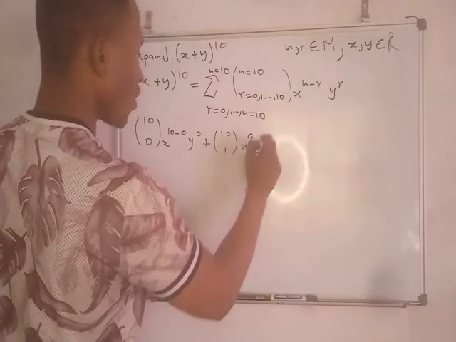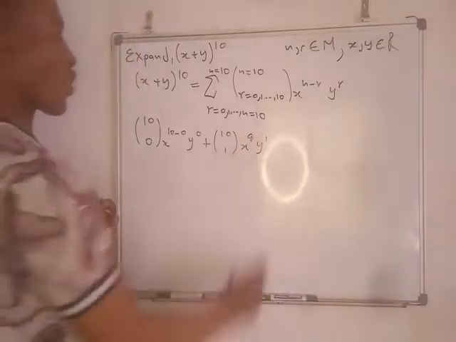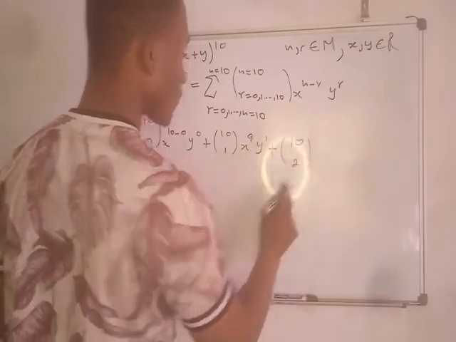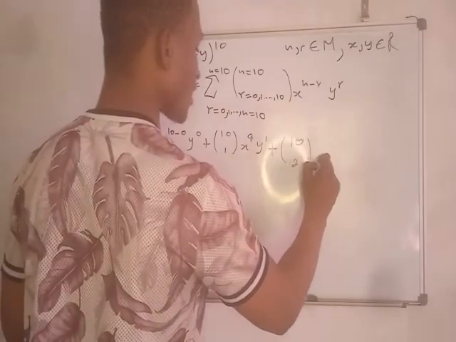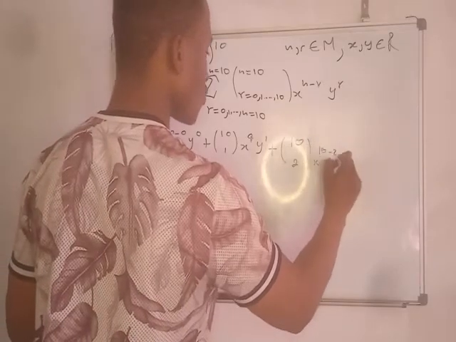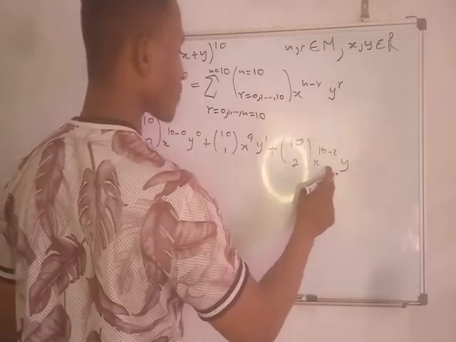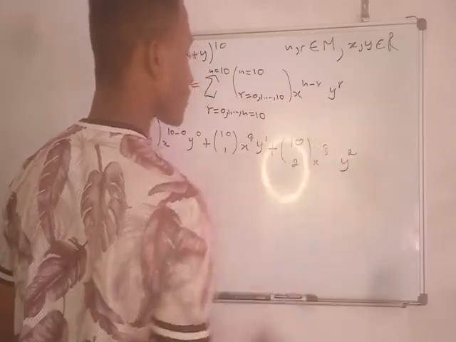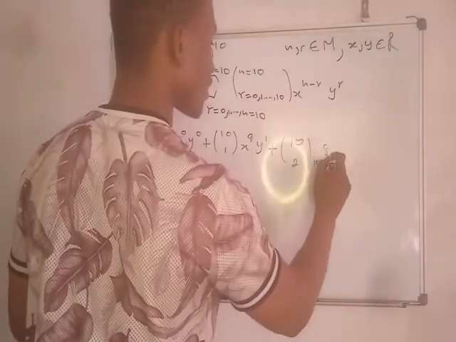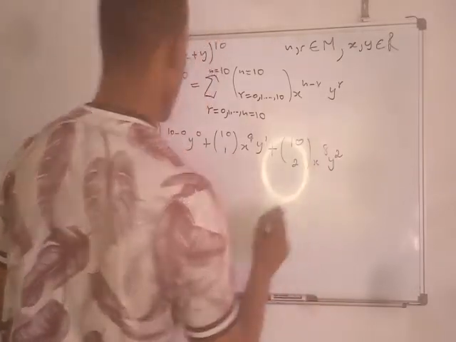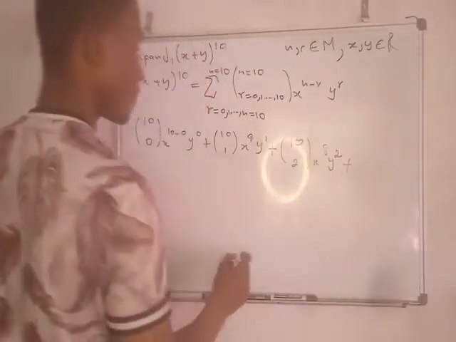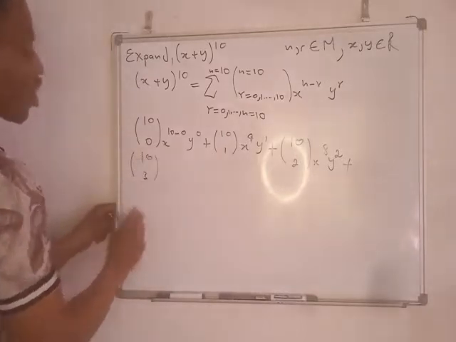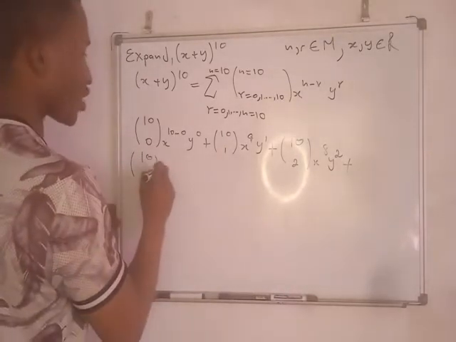y to the 1, according to our formula, plus 10 combination 2. So this will be x to the 10 minus 2, y to the power 2, which is just x to the 8, y squared. Plus 10 combination 3, all the way to combination 10.